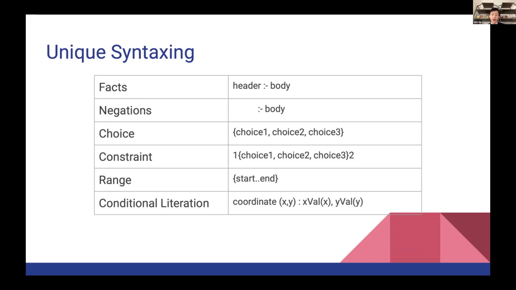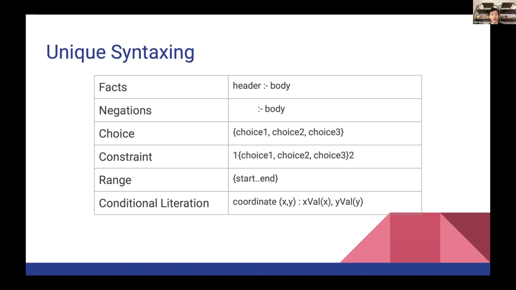But we also have negations, which are a variation of what we define as a fact. For every time the condition in the body is true, there will be no header, so there will be no action there and it does not exist. These two go together as they really define what is what.